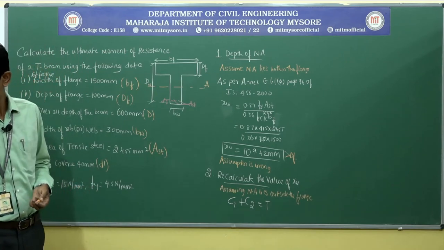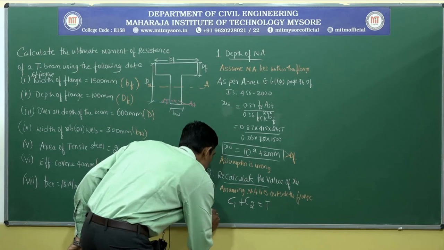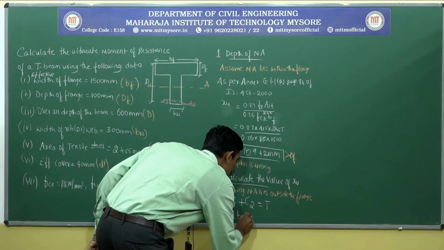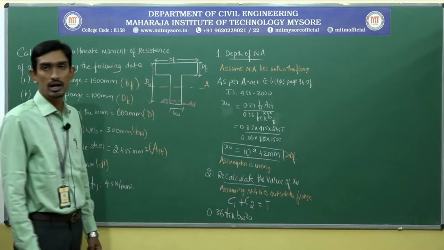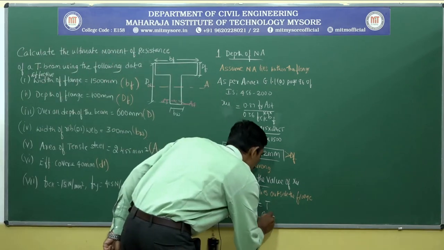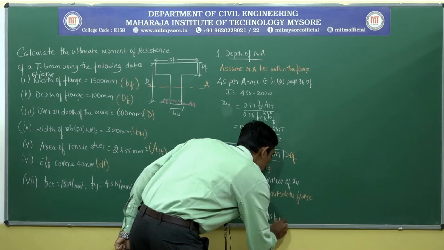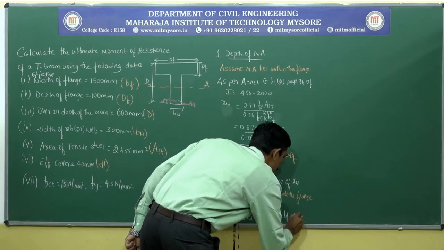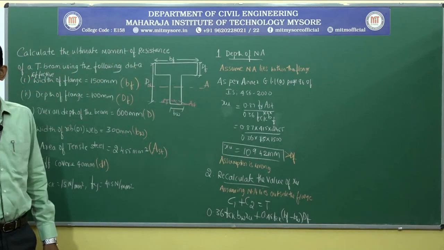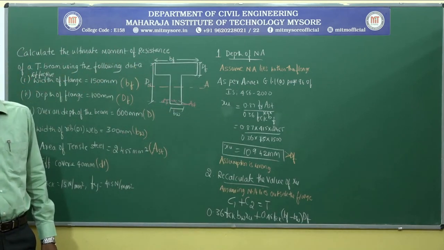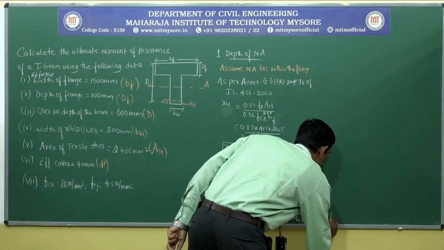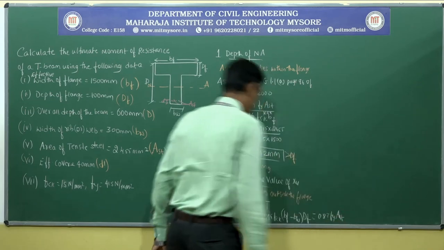So I am going to substitute here, or write down the formula: 0.36 FCK into BW into XU plus 0.45 FCK into BF minus BW into DF equal to 0.87 FY into AST.